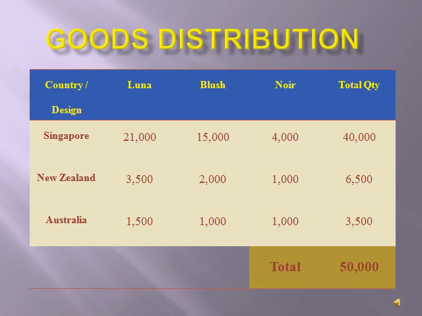The total order quantity for this product was 50,000 pieces, and breakdown of quantity distribution according to design is as per table shown. Singapore would have total quantity of 40,000 pieces, followed by New Zealand 6,500 pieces and Australia 3,500 pieces.